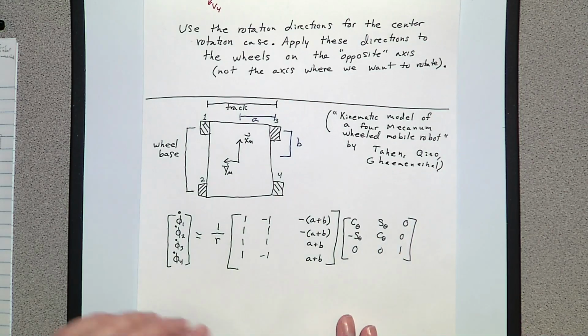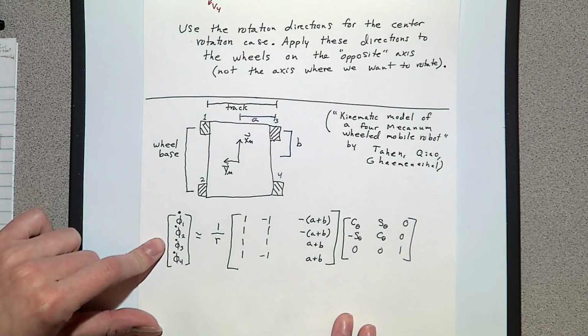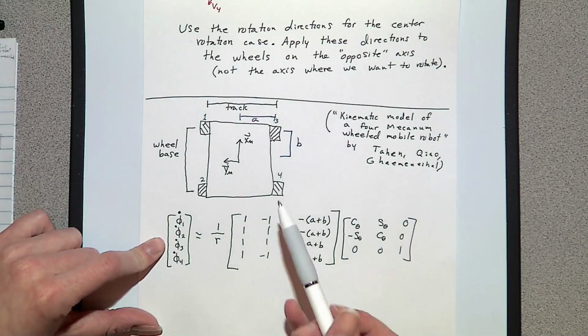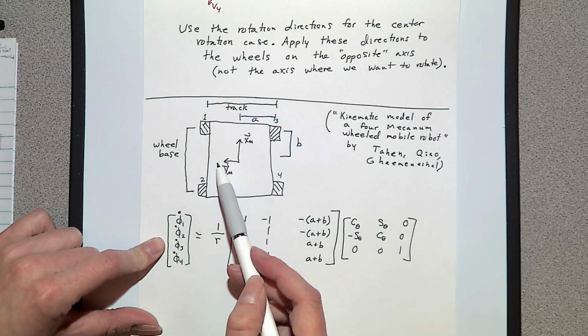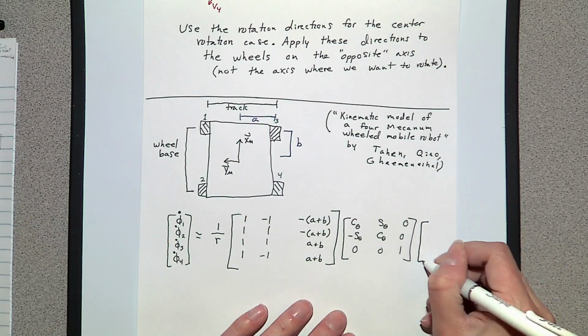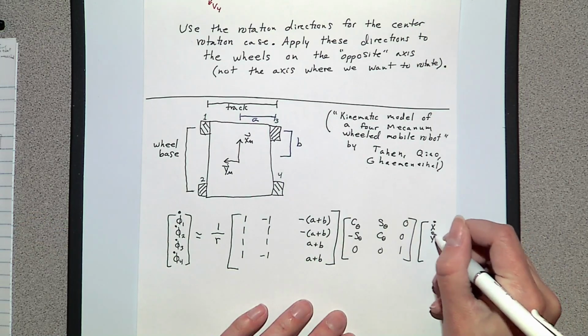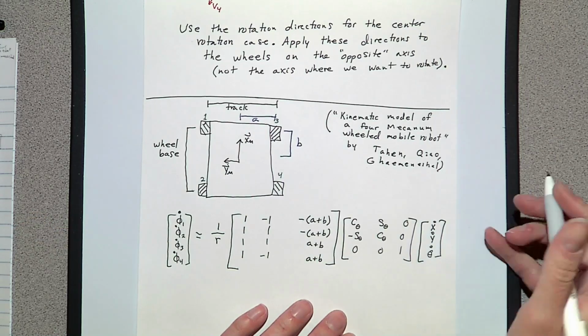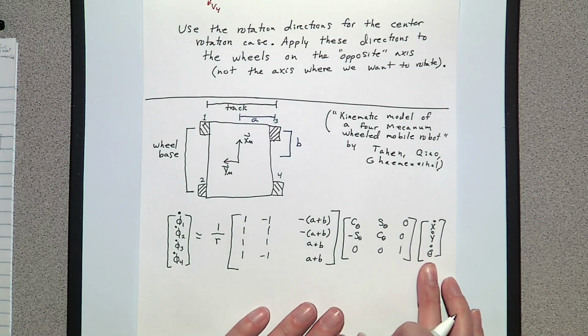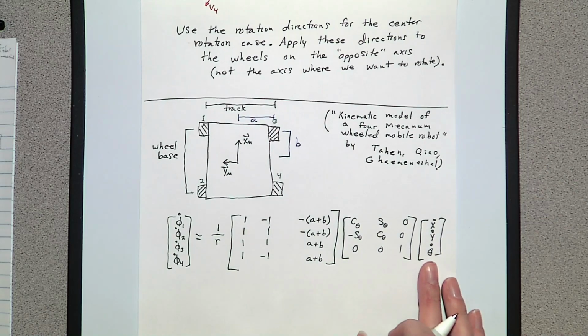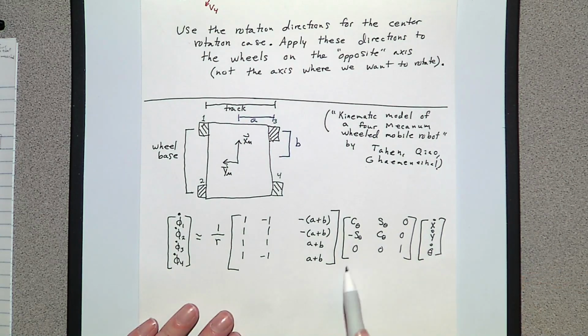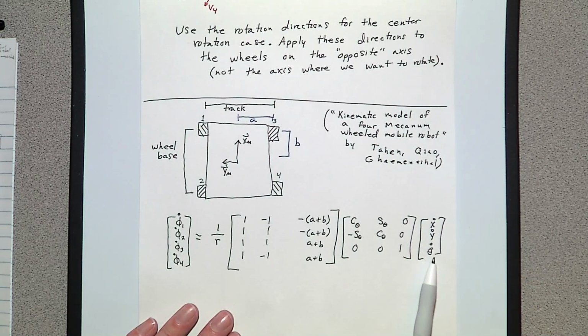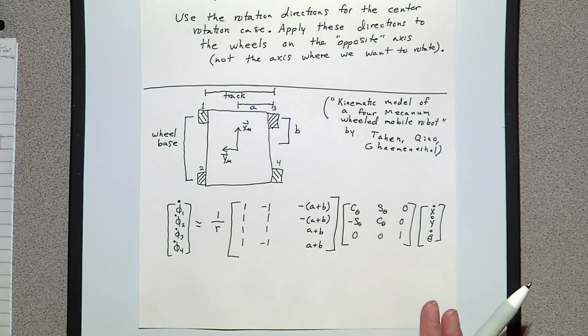So these velocities are in the robot frame. And then this x dot, y dot, theta dot is relative to our inertial frame, some fixed frame that we want to know our relative position to. That's why we have this additional rotation here, to put these coordinates that are in the world frame into the robot frame.